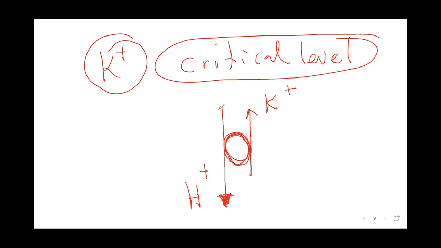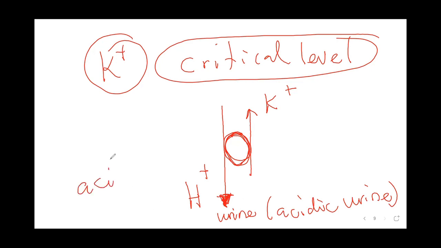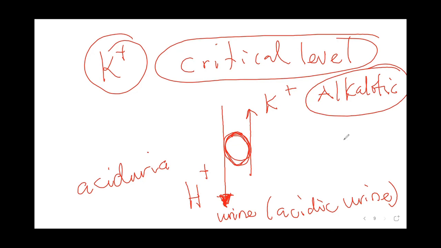Now, when hydrogen ion is excreted into the urine, this is what? Acidic. And when a urine is acidic, you call it what? Aciduria. A patient is alkalotic. The blood is alkalotic. And paradoxically, they are excreting acidic urine.